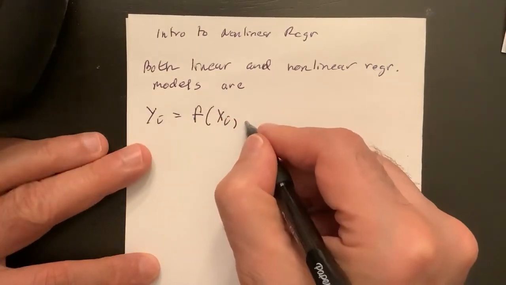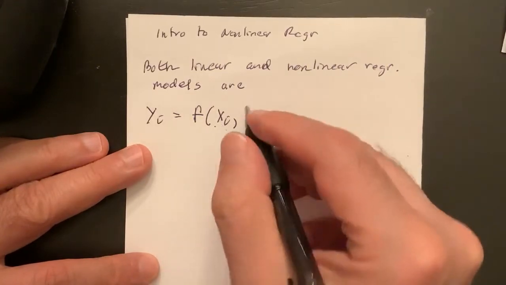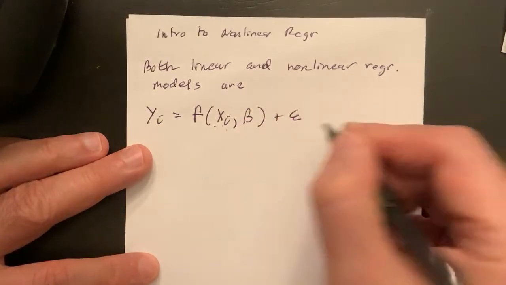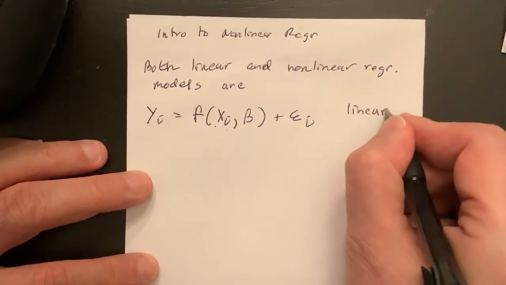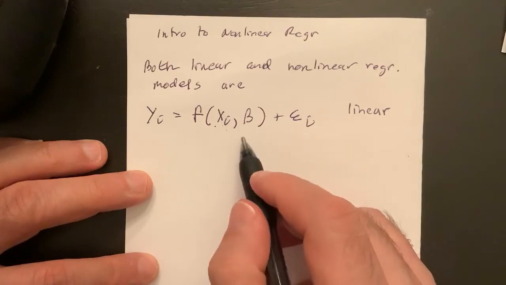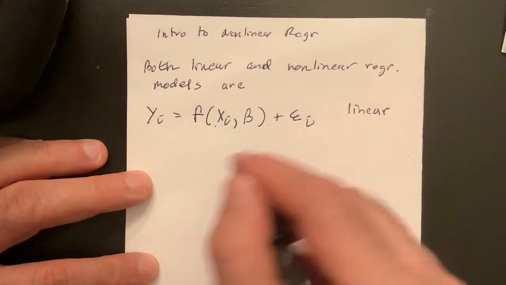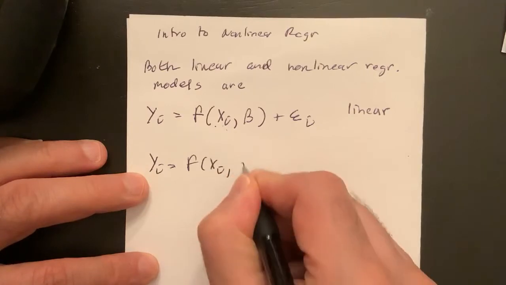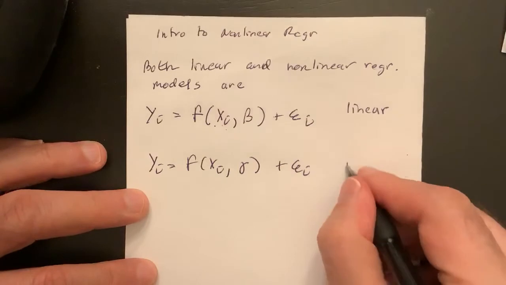And here I would write some parameter. So here I'm going to write f(x_i). If it's linear, I'm going to write beta, and e_i, and this will be for linear. And this is more a matter of notation because we call the linear parameters beta and the nonlinear ones gamma. Okay, so this is linear. And y_i equals f(x_i, gamma) plus epsilon_i, and this is nonlinear.